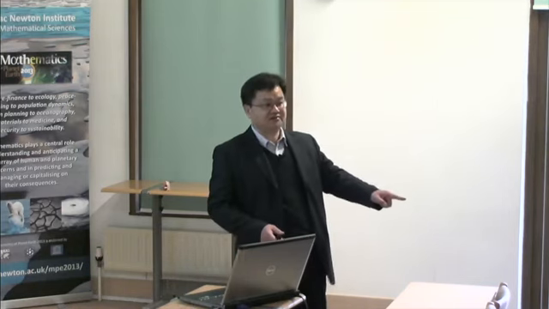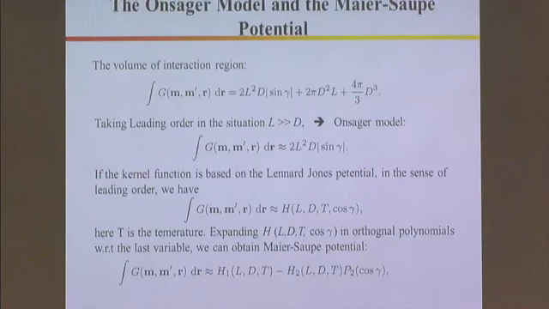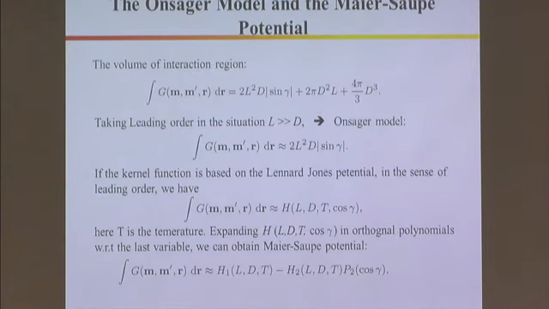This is Onsager. Onsager got this one. He said D over L is very small, which means the molecule is very long. So this term and that term are thrown away, and he just keeps this term. This is the Onsager model, leading order in this way.